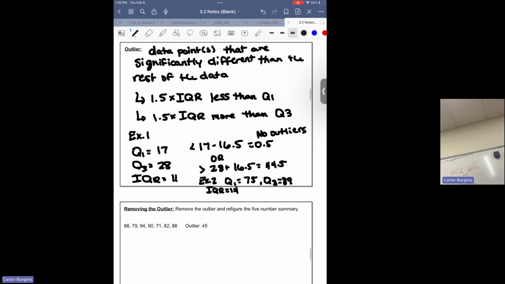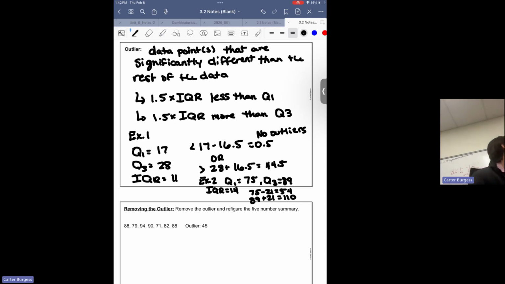What's 1.5 times 14? So 14 and then half of itself is 21. So we are saying that 75 minus 21, which is 54. Anything less than that would represent an outlier. And then 89 plus 21, that's going to be 110. Anything more than that is going to represent an outlier.